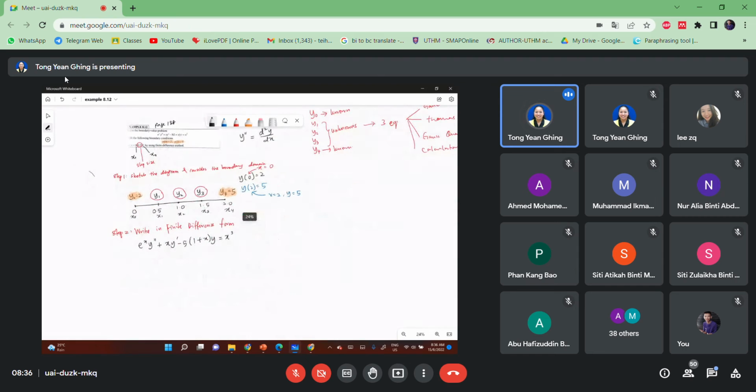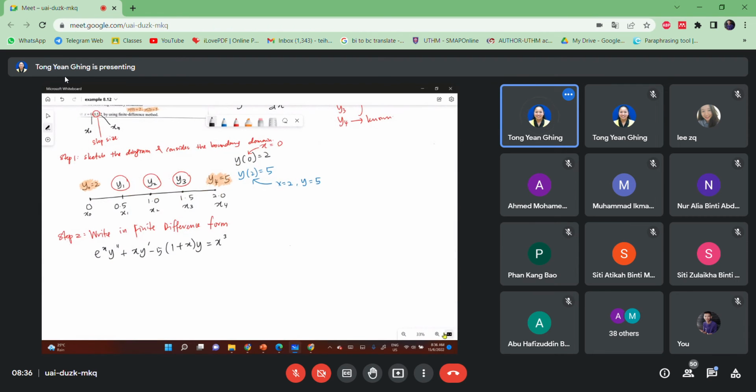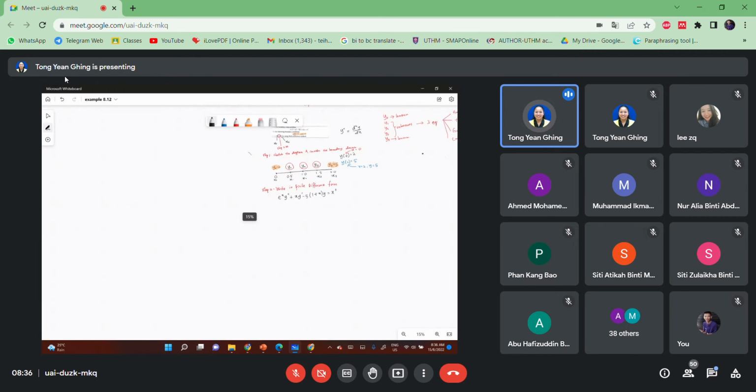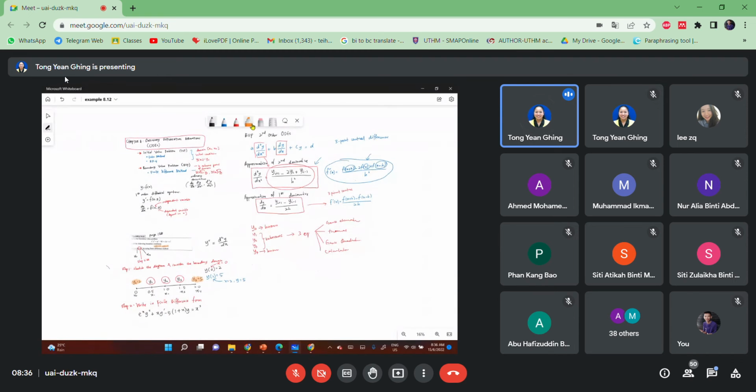Where is it going? Wait, I want to press it. I can't close it. I want to move. Where is it going? These two formulas, this one and this one.